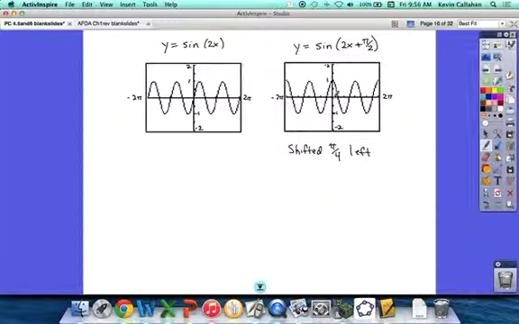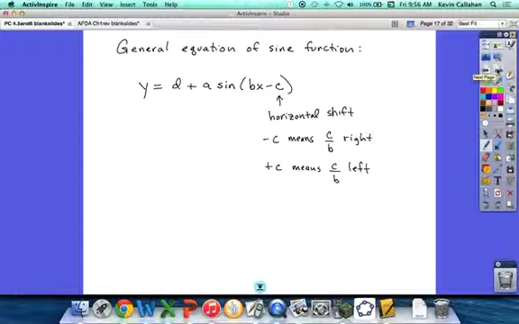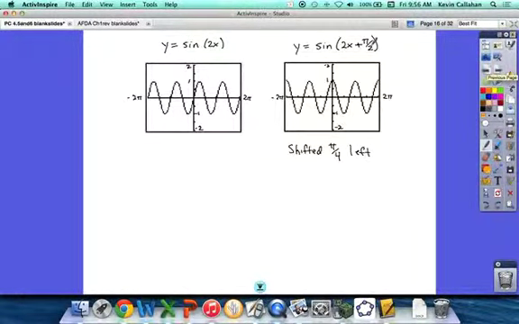So we do learn about the horizontal shift from this, but we have a little bit of a formula for it. The formula is C over B. You've got to divide this number by this number. That tells you the horizontal shift, right? So here, if I do pi over 2 divided by 2, there's your pi over 4.